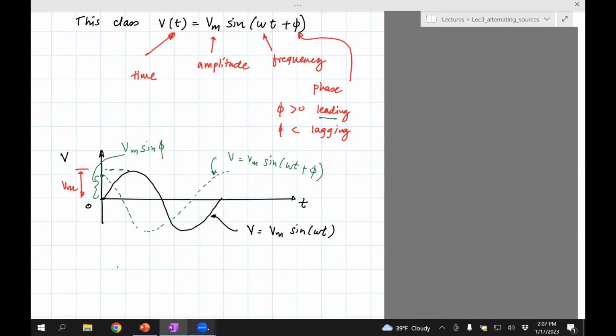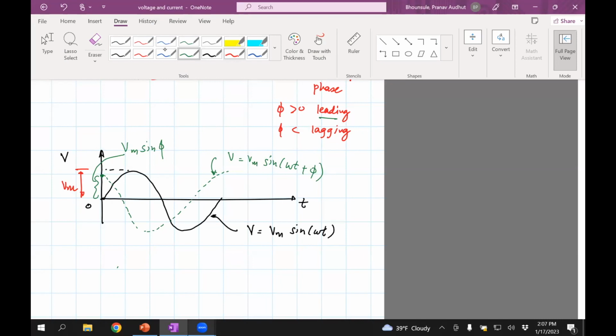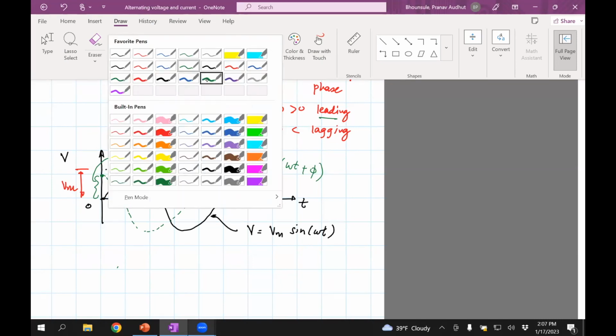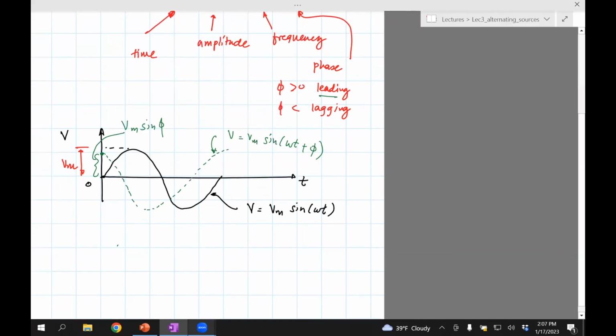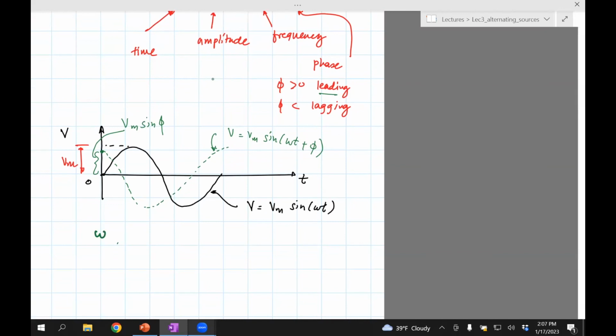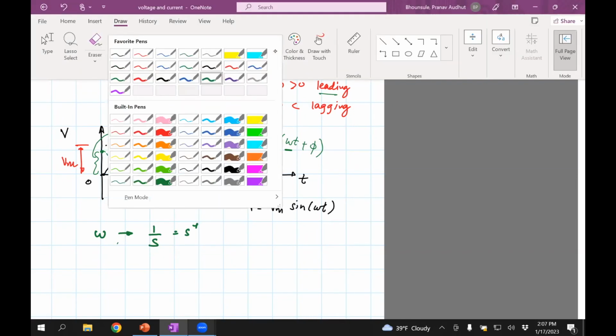And then the final thing I want to talk about is the frequency. The frequency is omega, but you can see from the expression that the units of omega is 1 divided by second, or second inverse, because when you multiply that with time, you should get a non-dimensional quantity like the phase. Another way people write this is in terms of f.